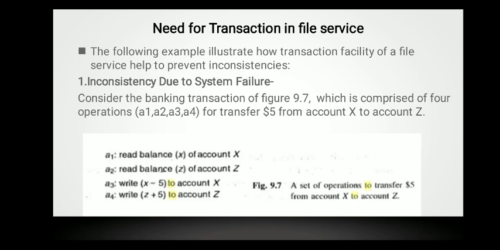Consider the banking transaction in figure 9.7, which is comprised of four operations a1, a2, a3 and a4 to transfer $5 from account X to account Z. Here a1 is a read of the balance of account X, a2 is a read of the balance of account Z, and a3 and a4 are the write operations of the transaction.